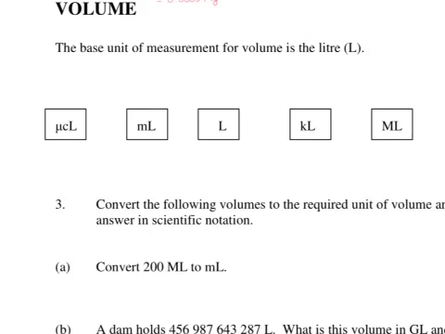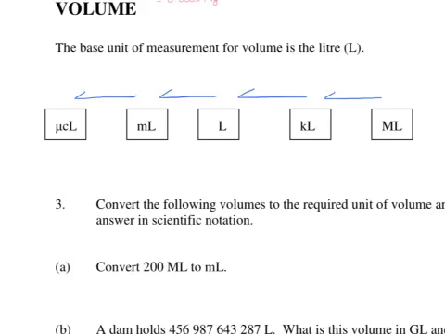Now our last metric measure is volume, and the base unit is the litre. These ones are the same in that they use the same prefixes. However, there is another one above the megalitre, a larger unit of measure, which is the gigalitre.